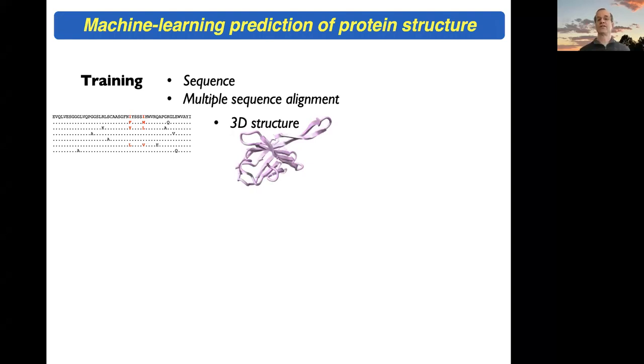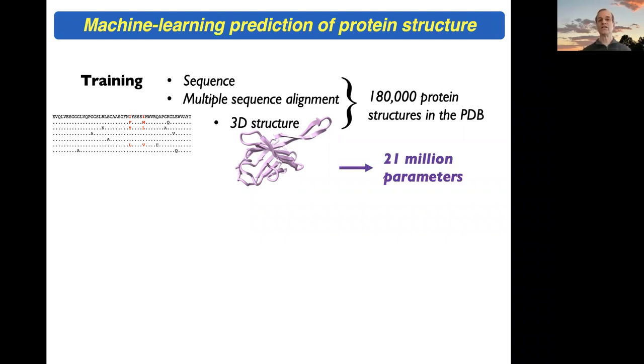Along with this goes, in training, a known 3-dimensional structure taken from the protein data bank. AlphaFold is trained on some 180,000 protein structures in the protein data bank. And the training leads to some 21 million parameters, an astounding number of parameters.